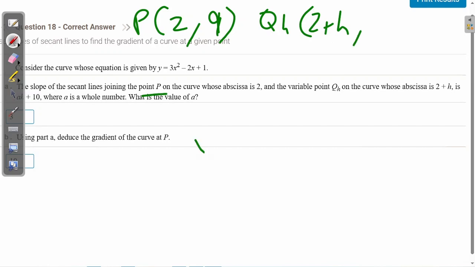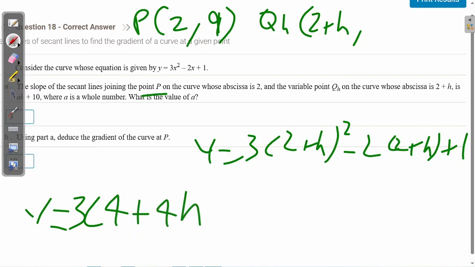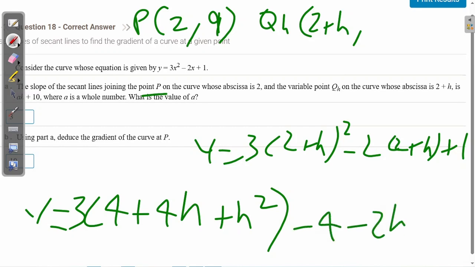So the y is going to be what? y is going to be 3 times (2 plus h) squared minus 2 times (2 plus h) plus 1. So y is equal to 3 times (4 plus 4h plus h squared) minus 4 minus 2h plus 1.